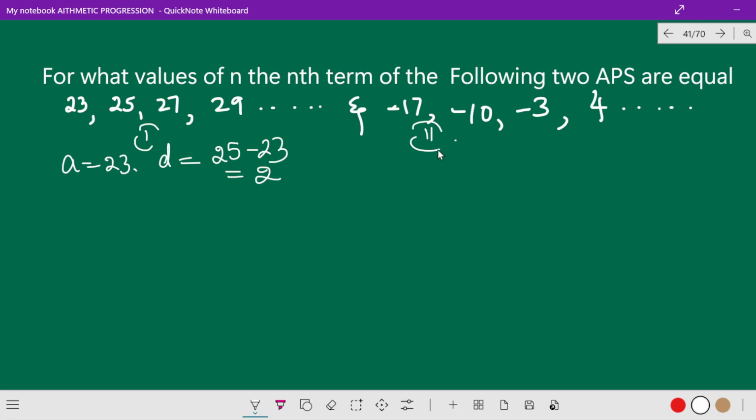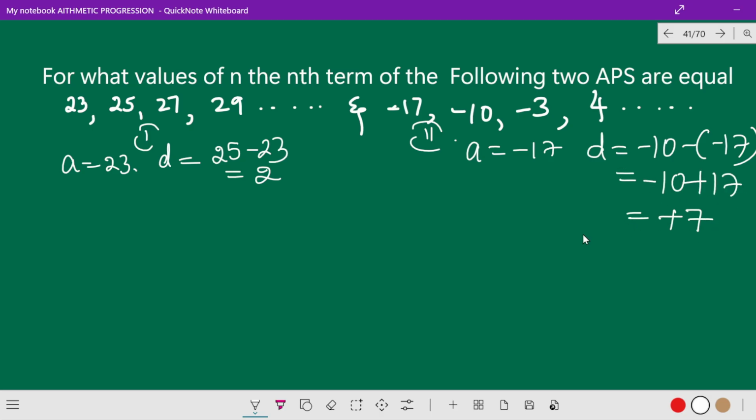For the second one, the first term is minus 17, and the d value is minus 10 minus of minus 17, that is minus 10 plus 17, the answer is plus 7. So now we have to find an.